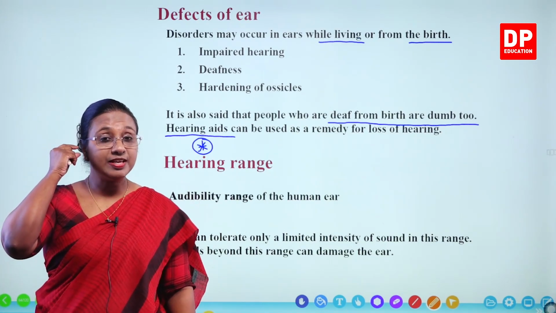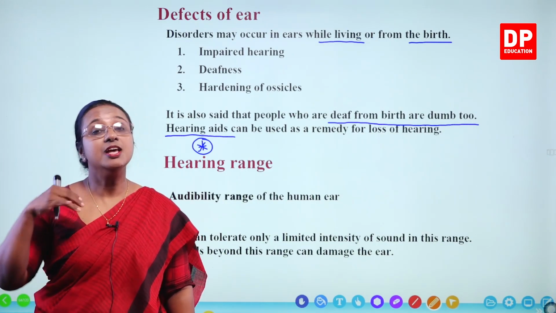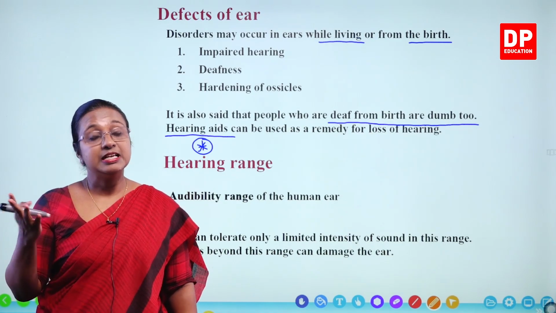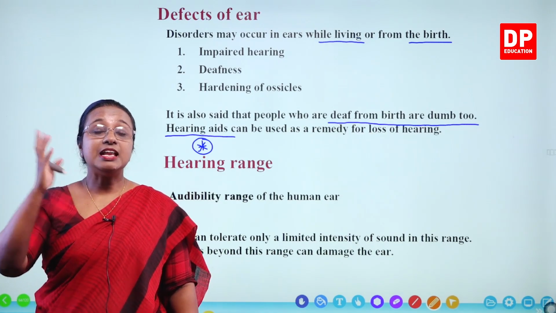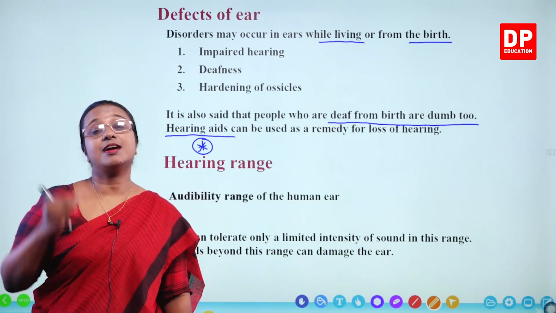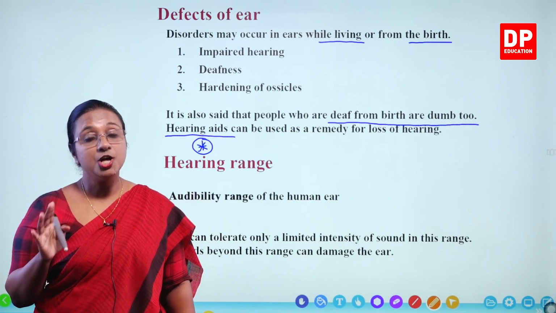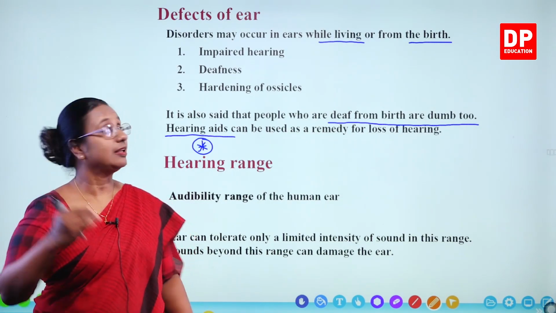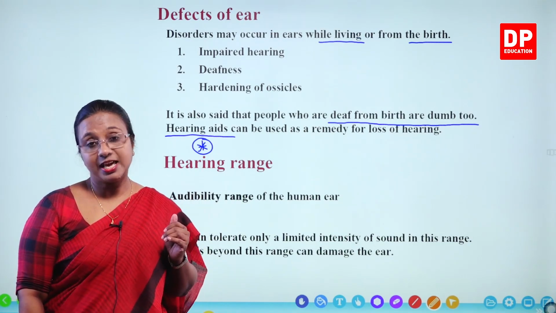There you fix a machine that helps transmit the sound waves to the brain, so you can hear. Sometimes without even using the ear, the hearing aid will receive the sound and directly transmit it to the brain. That advanced technology is also there. Using that, you can rectify problems or defects of the ear to a very large extent.